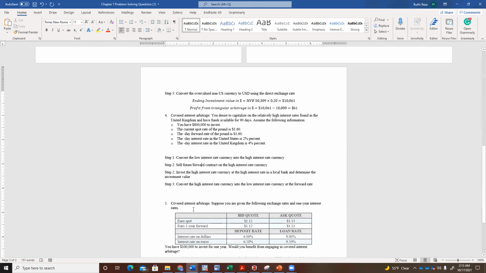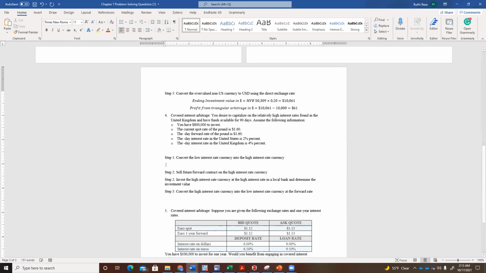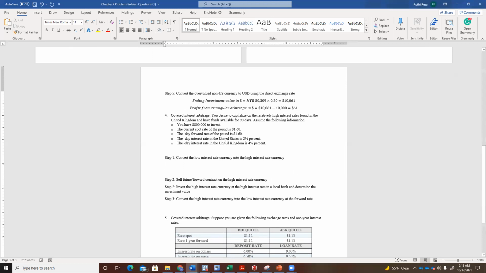So in step number 1, we are going to convert the low interest rate currency into high interest rate currency. So we are going to convert low interest rate currency dollar into high interest rate currency pound. And then our exchange rate here is now per pound is equivalent to $1.60. Now we need to know how much pound we are going to get per dollar.